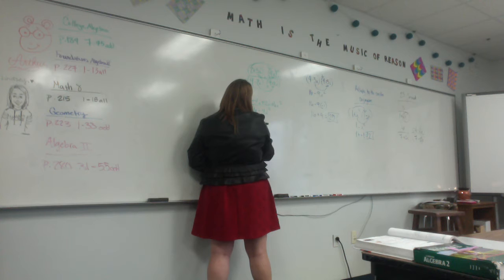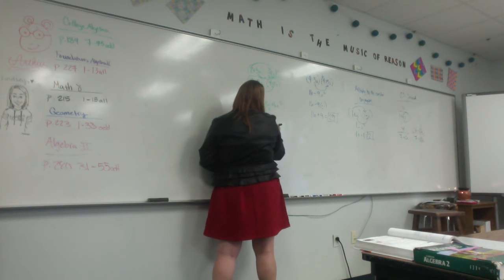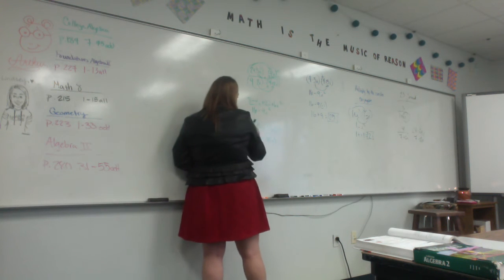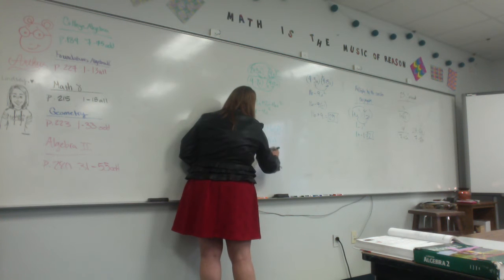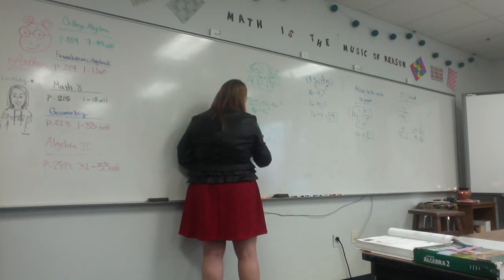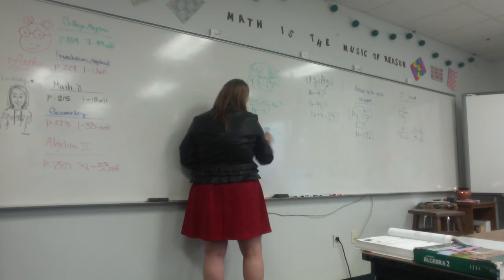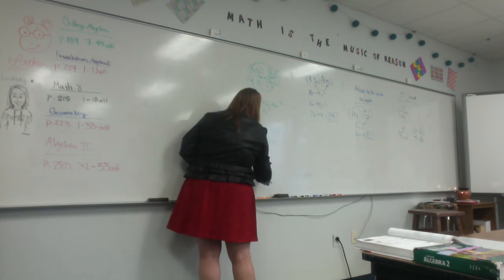So I have 8 plus 16i plus 6 times negative 1 over 16 minus 4 times negative 1. Negative 6 and positive 8 gives me 2 plus 16i on top because I write it in standard form. And then I have 16 plus 4, which gives me 20.